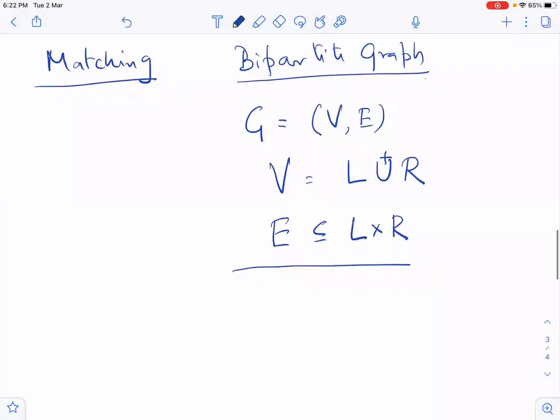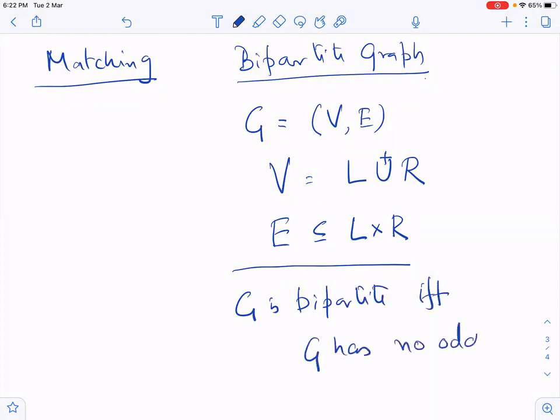So this is something that was given in your problem set to try out, that G is bipartite if and only if G has no odd cycles. Okay, excellent.